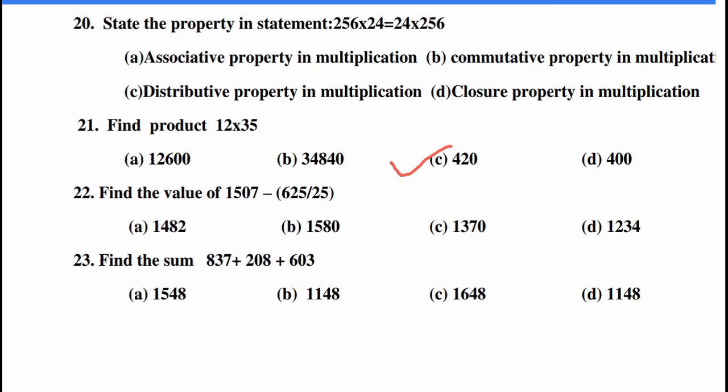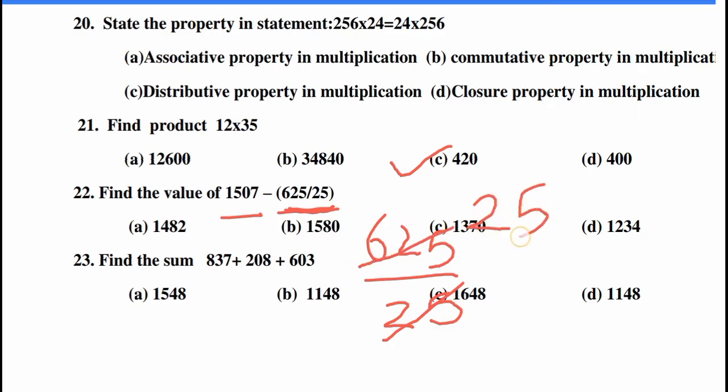Question number 22. Find the value of 1507 minus, in the brackets, 625 divided by 25. And as per BODMAS, we know that first of all we have to solve this brackets. So 625 divided by 25 is equal to 25, because 25 multiplied by 25 is equal to 625.